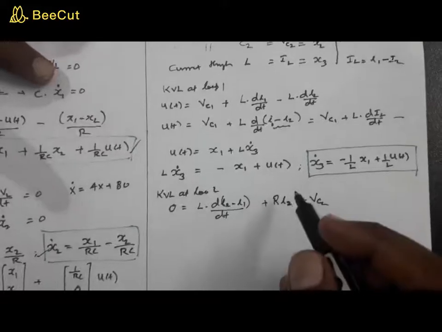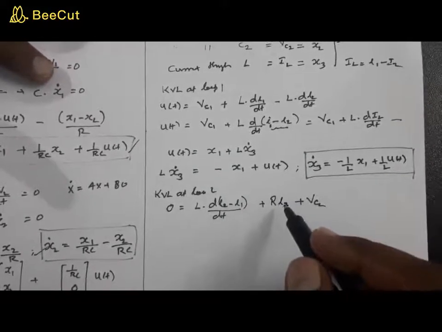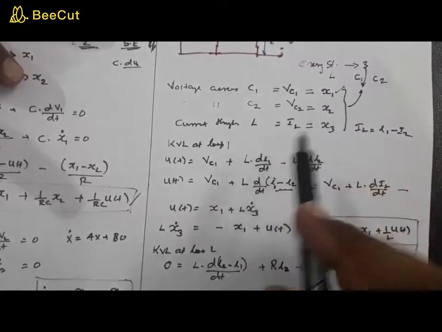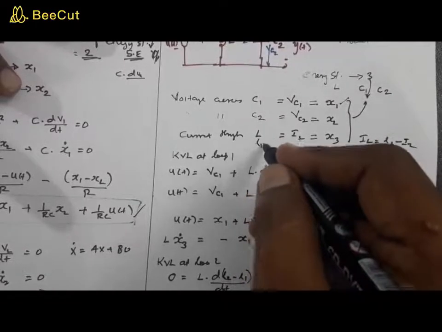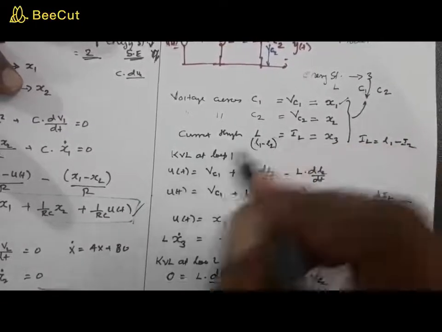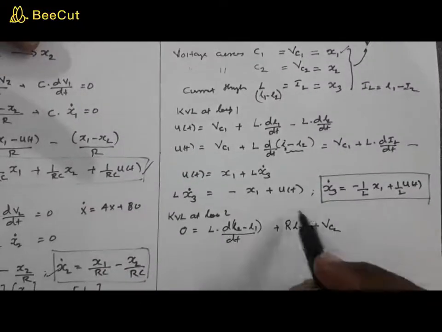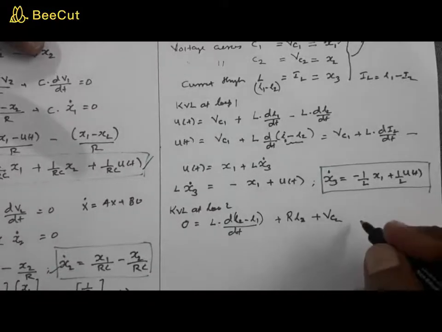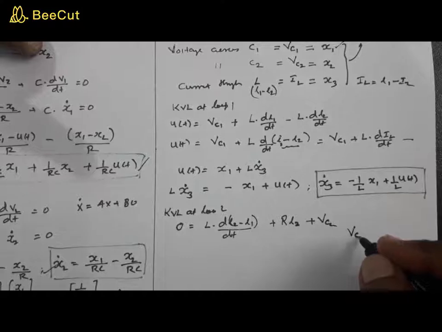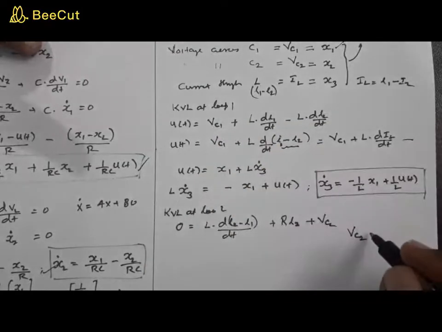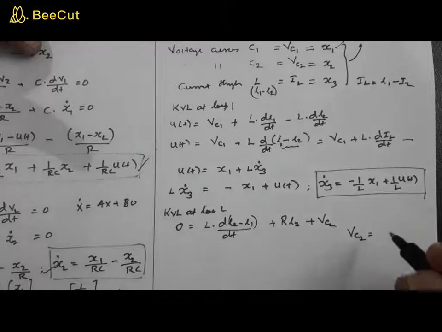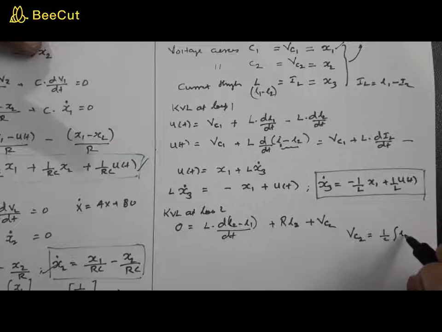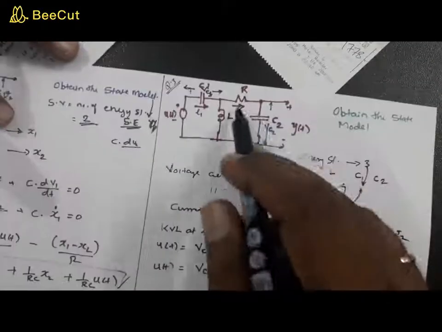Now we need to do something for this I2, because nowhere in this equation is I2 assigned. We know that this is I1 minus I2, so you cannot substitute anything for this I2 directly. But what is VC2? VC2 is what we have assigned as X2, and VC2 is actually 1 by C integral I2 dt, since I2 is the current flowing through this capacitor.